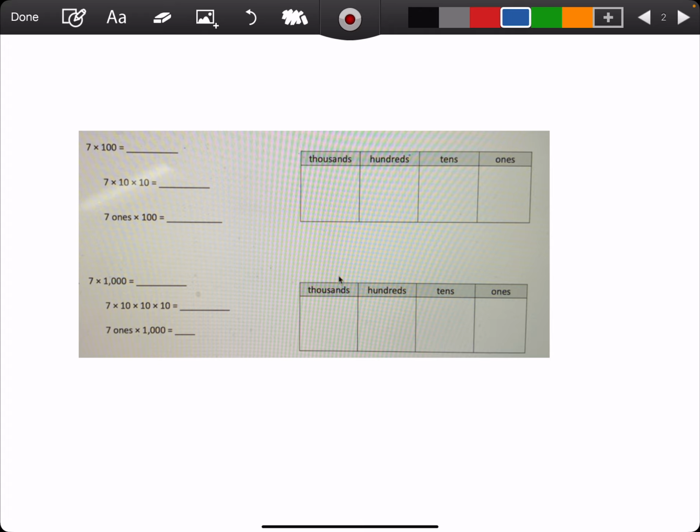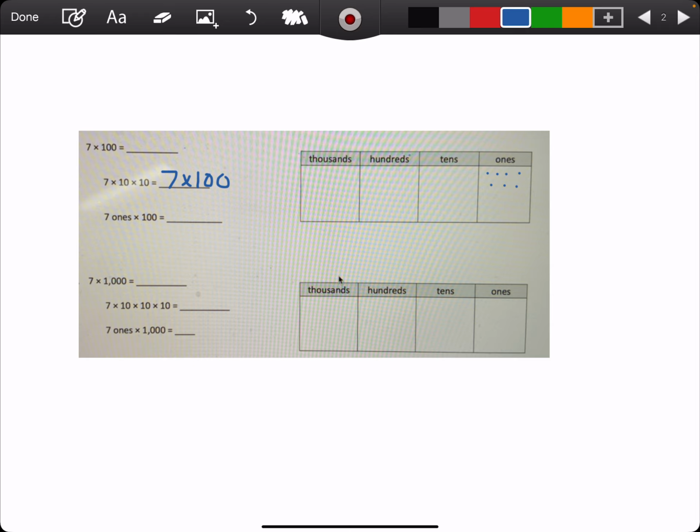So 7 times 10 times 10 is 7 times 100, and that's underneath 7 ones times 100. So I can go 1, 2, 3, 4, 5, 6, 7. Timesing it by 10 by 10.